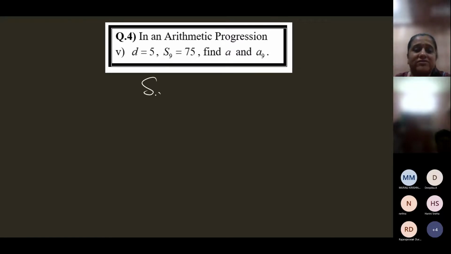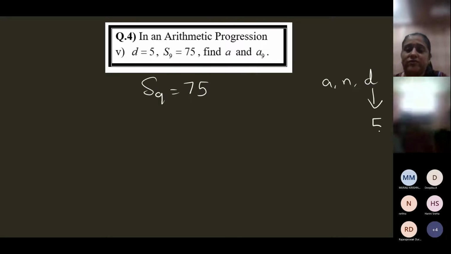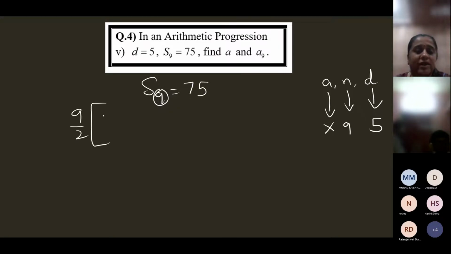We are given S9 is equal to 75. Now, in every formula, we have these unknowns A, N, and D. D is given to be 5. N is 9 because we have S9 is 75. A we do not know. So when you work this, N by 2, 9 by 2 of 2A plus N minus 1, 9 minus 1, into D, 5 is equal to 75.